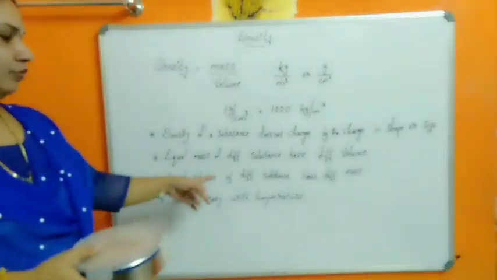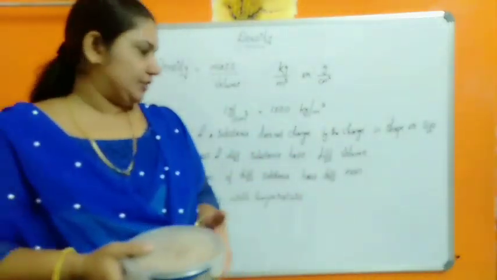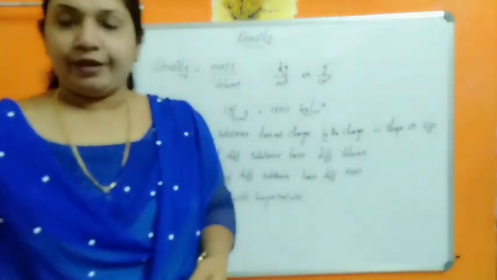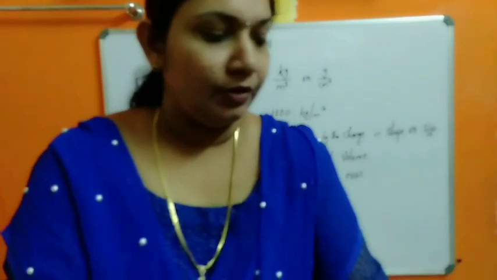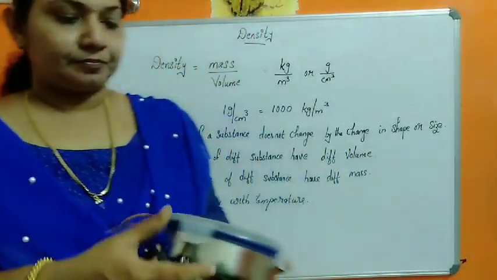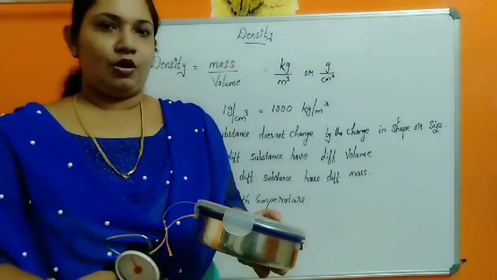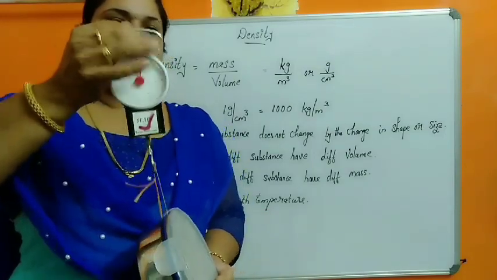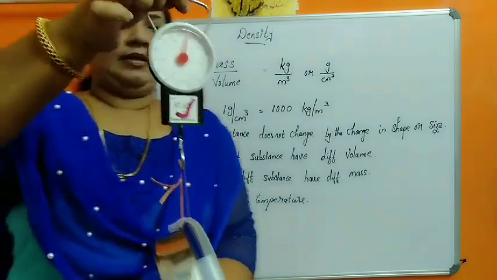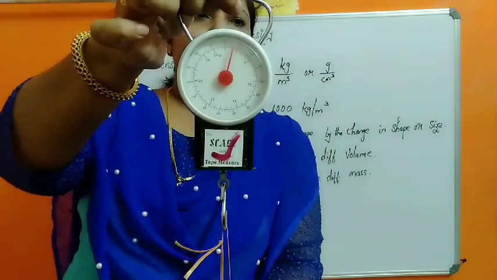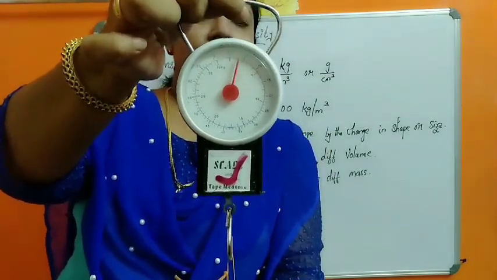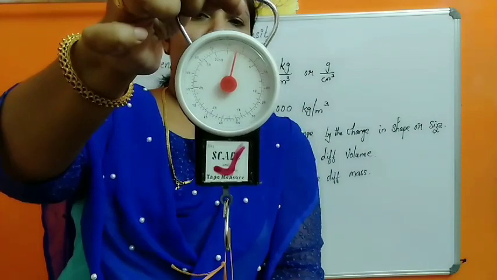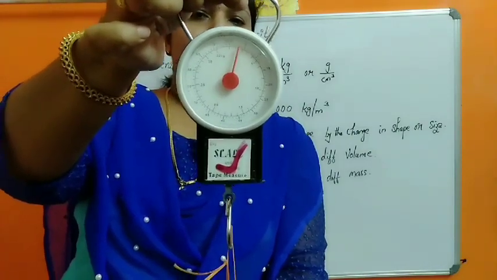Equal volume of different substances have different mass. We are going to find the mass. I'm first taking the mass of the metal. You can see the pointer moves from 0. It will be around 1 or 1.5 kg.